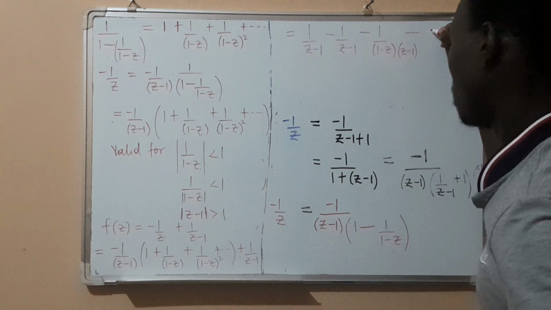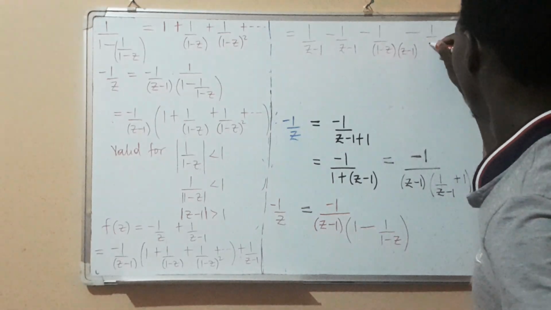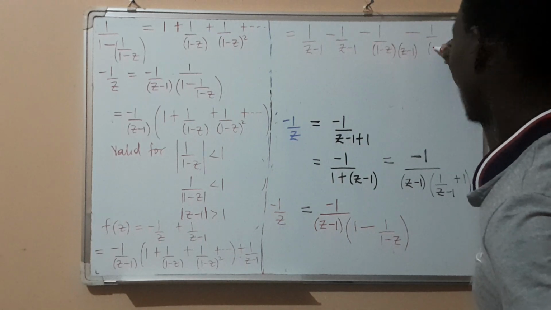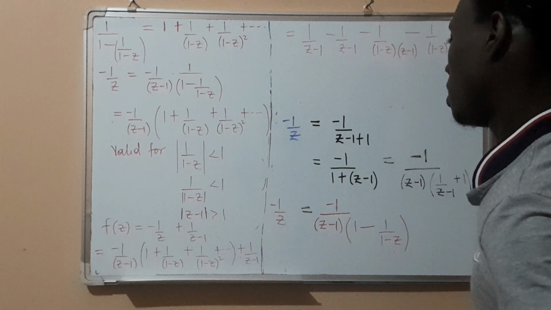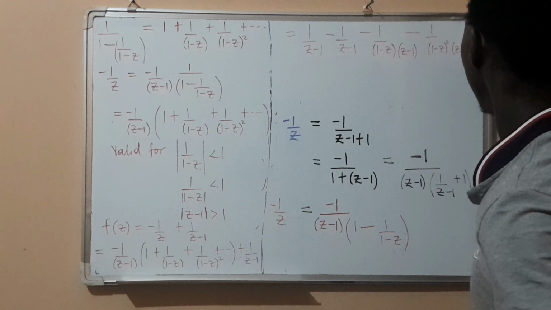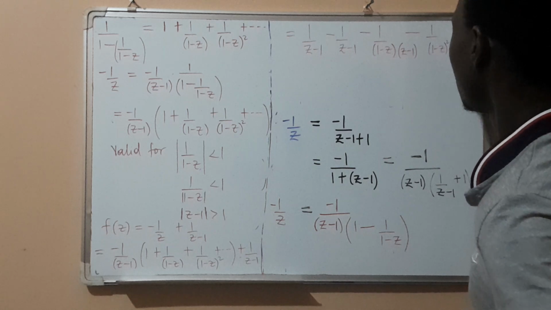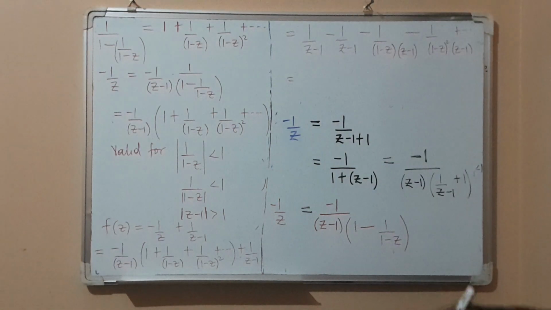Negative 1 over 1 minus z squared, times z minus 1, plus. So this cancels out with that.